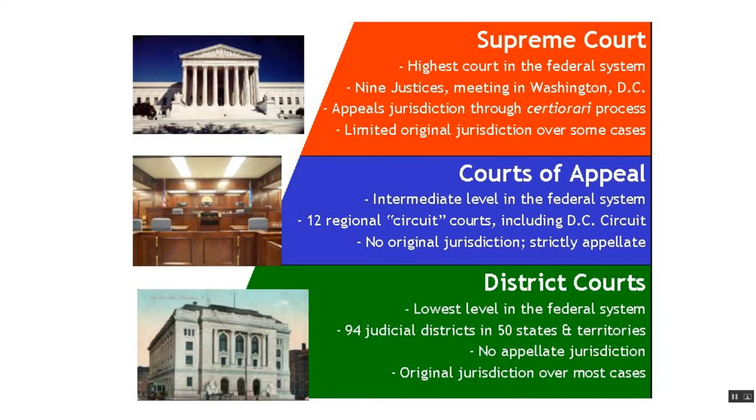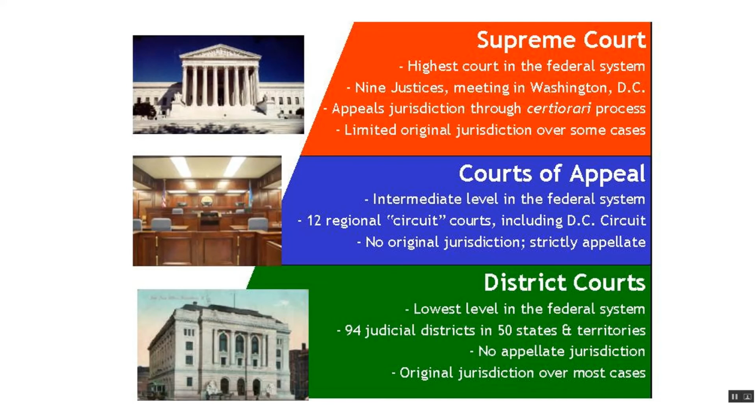This opens the door to a mechanism of checking the influence of the courts called jurisdiction stripping, because 99% of the cases that the Supreme Court is going to hear are going to need to be heard under appellate jurisdiction. And its appellate jurisdiction is defined by Congress.